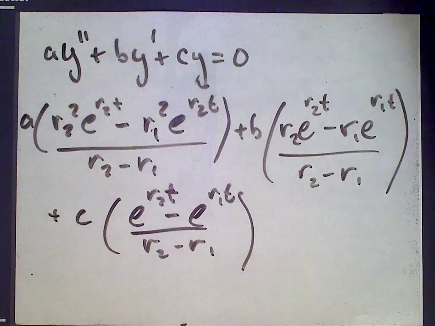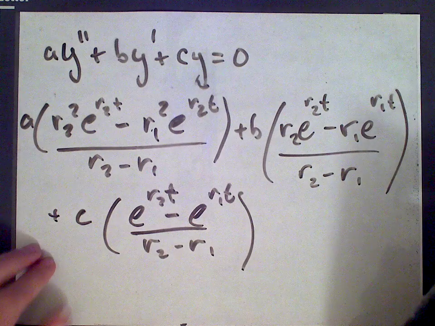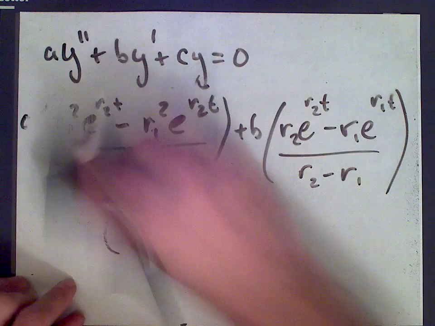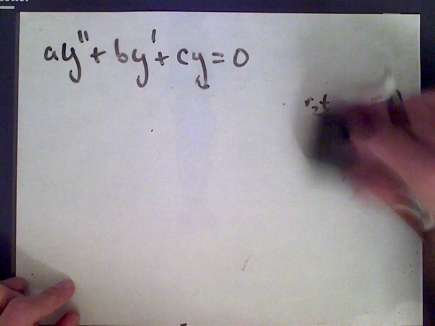Okay, so again, I'm going to have to erase what we have here. Pause and copy this down if you need to. What we end up with is the following.